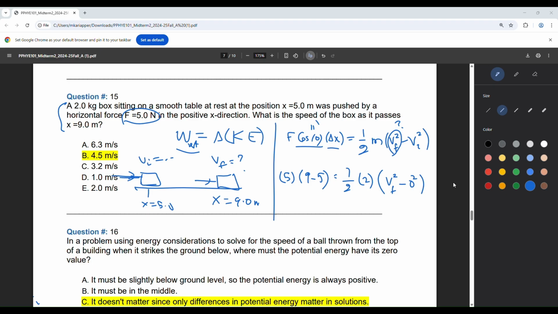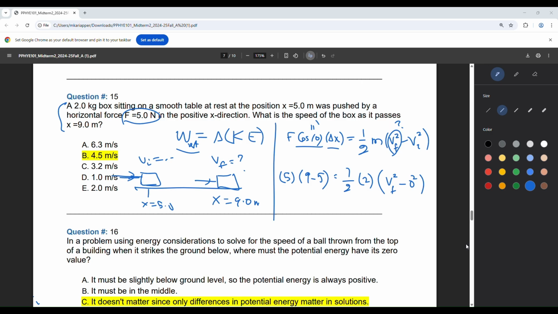Equals, alpha calc, that will bring the equal. Half. You can use this fraction, or you can just put 0.5, that's also okay. But anyway, let me do it this way.